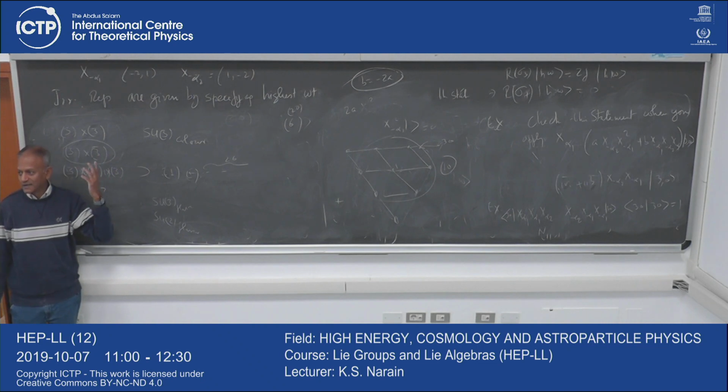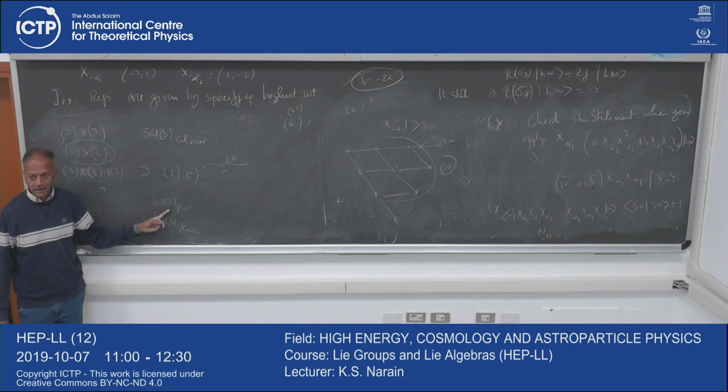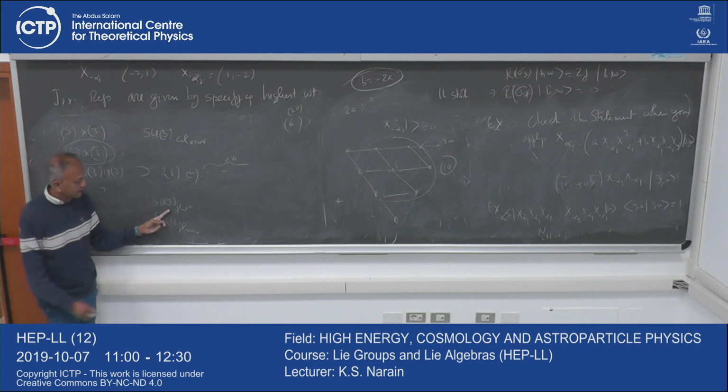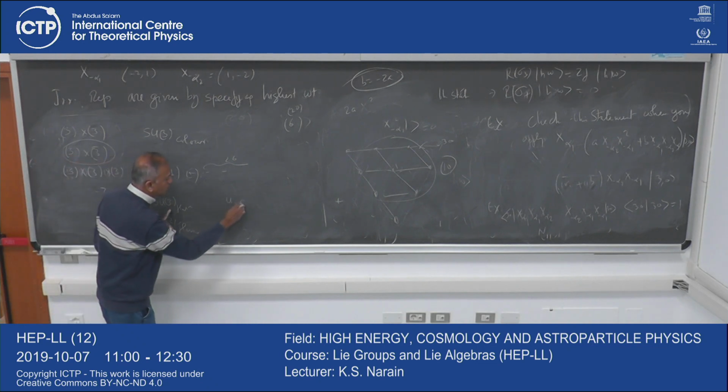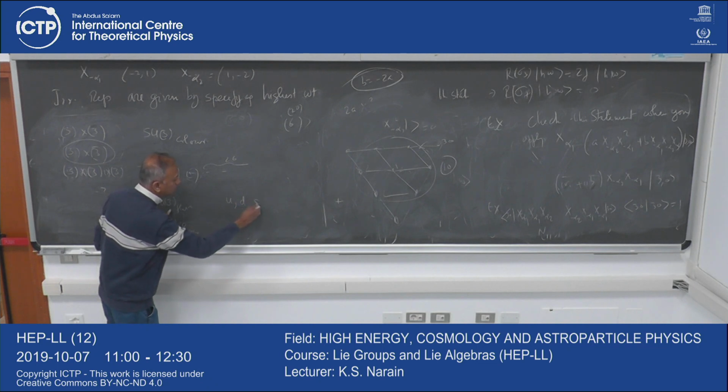People didn't even know about QCD. So he was thinking in terms of flavor group, where they knew there was an up quark, down quark, and a strange quark.